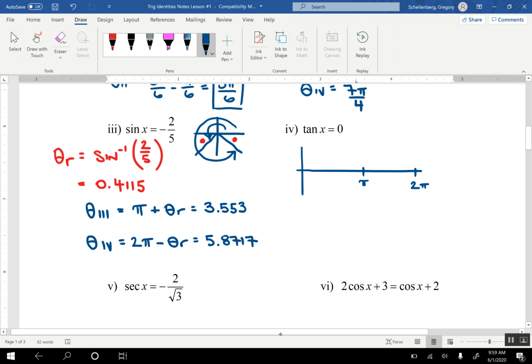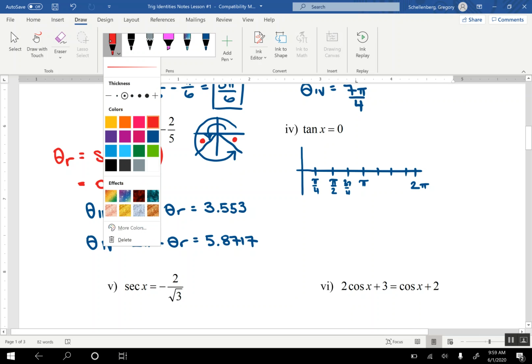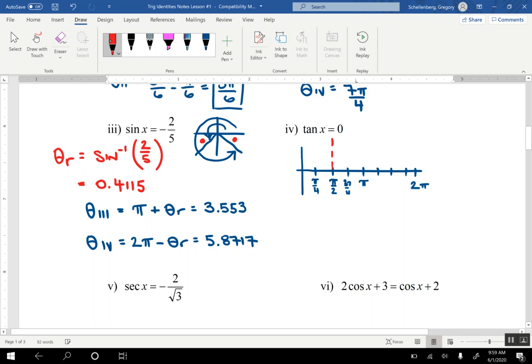And I'm going to break this up into 4 equal parts because we know that the period of tan is pi, and the significant points still occur in quarter periods. So this is going to be pi over 2, this is pi over 4, this is 3 pi over 4, and so on. And the tan of pi over 2 is undefined. Okay, so we've got a vertical asymptote at pi over 2.